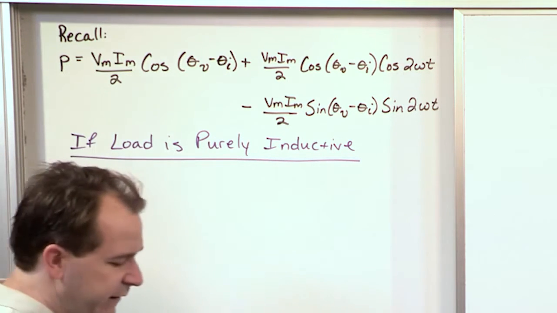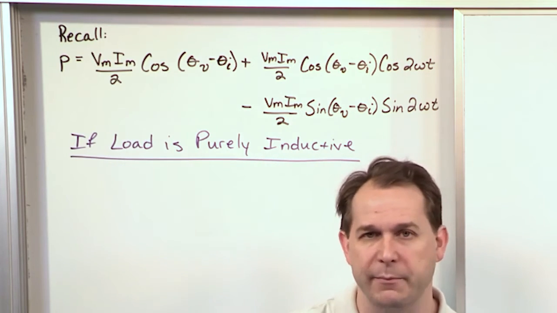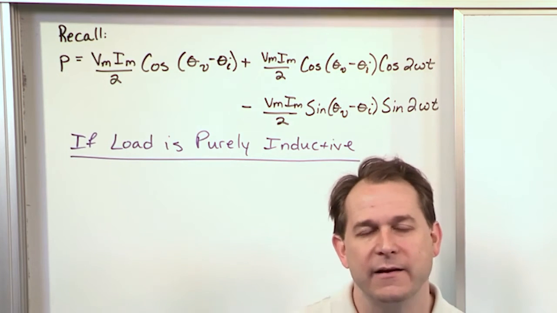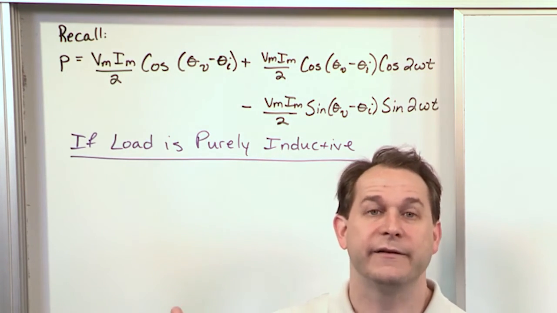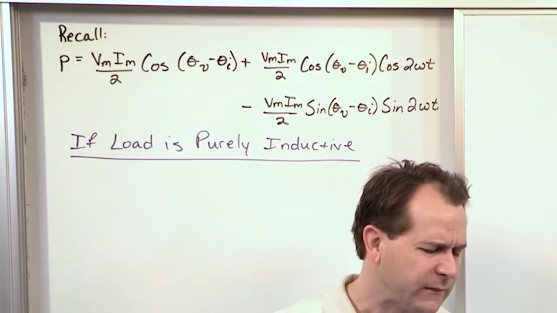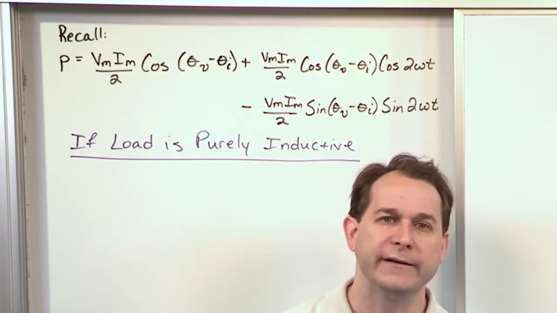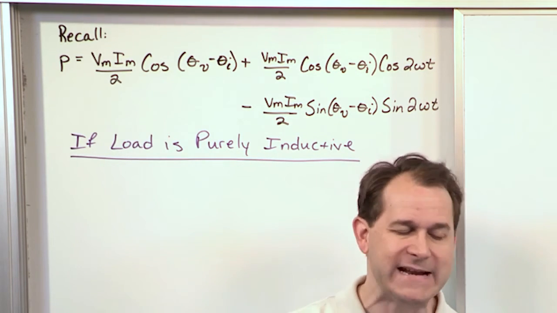All right, the first thing you need to remember, there's very, very few things I tell you in circuit theory to just remember. One of them is Ohm's law, V is equal to IR, right? You have to know that. Some of the real basic power equations, just memorize them. What I'm going to tell you here is something you should just remember. When you have a purely inductive load, the current through that inductor lags the voltage by exactly 90 degrees.